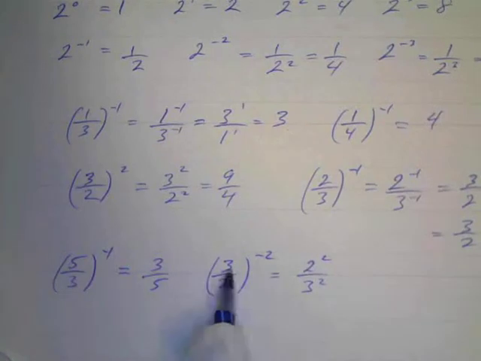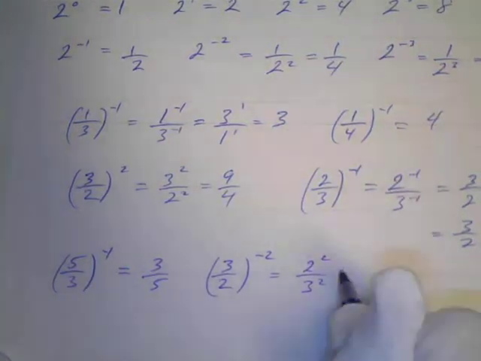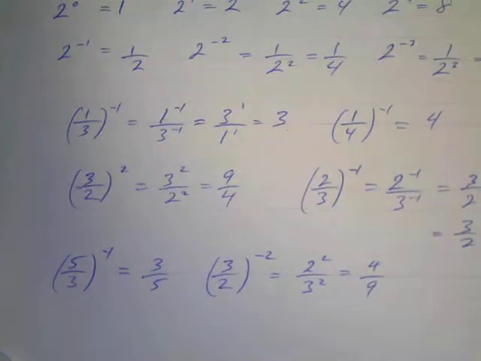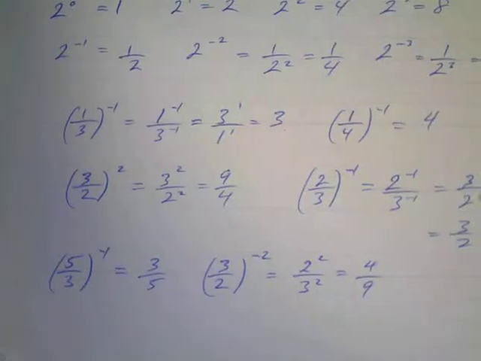In other words, 3 to the negative 2 goes in the bottom, and 2 to the negative 2 goes in the top, and that's the same thing as 4 over 9. And you can always pause these and think about these, make sure they all make sense. So those are some properties of exponents that we'll be using that will be handy for you to be aware of. Okay?